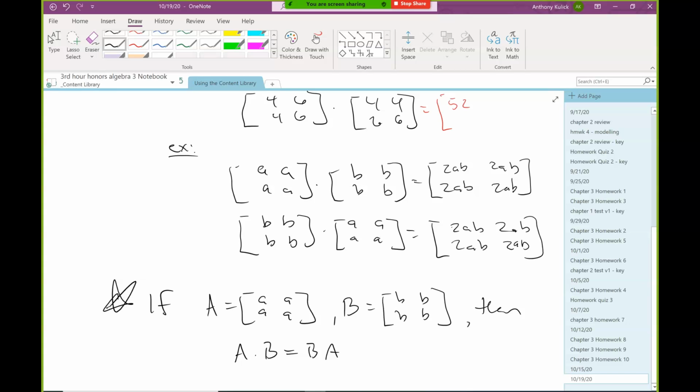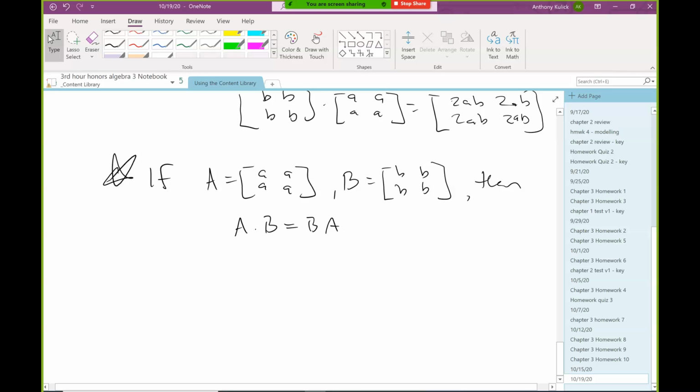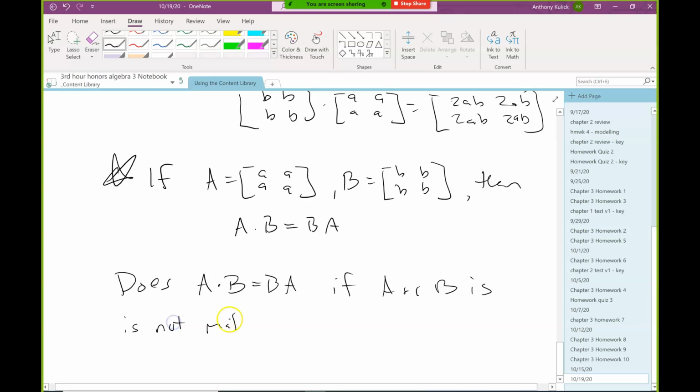So that's good. We have one situation. So my next question then becomes, does A times B equal B times A if neither A nor B is a matrix with just the same thing over and over and over, right?